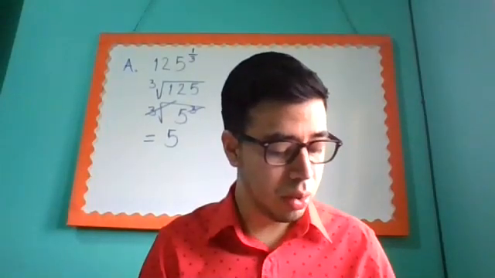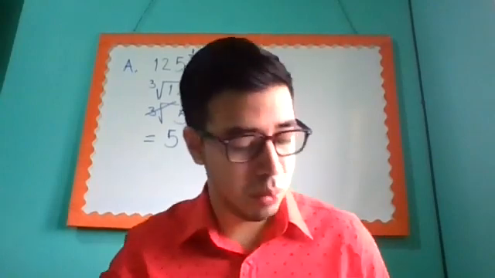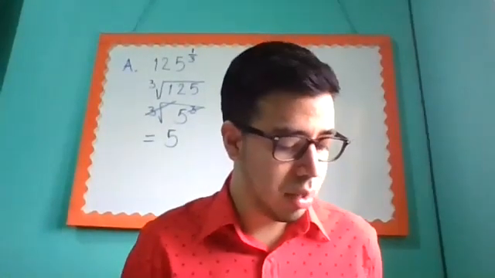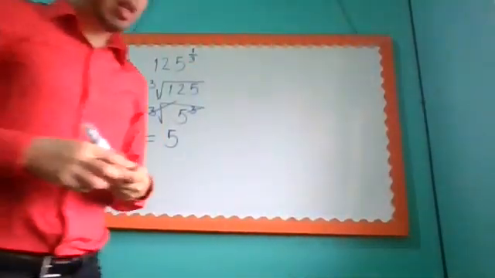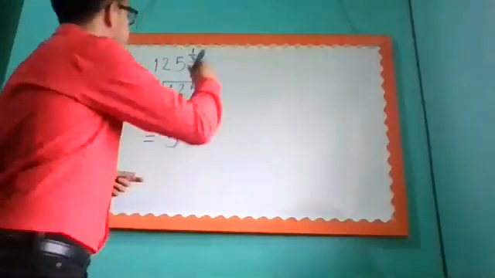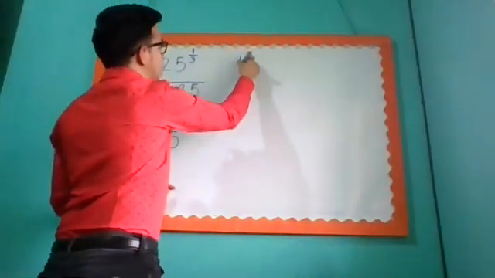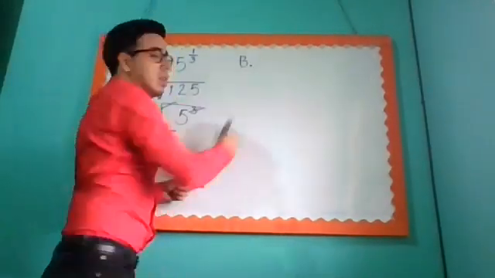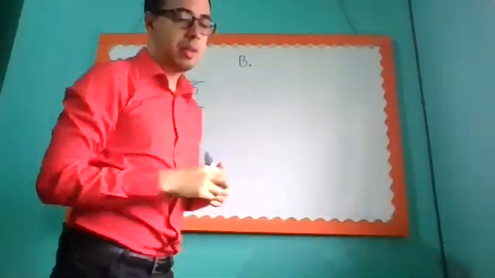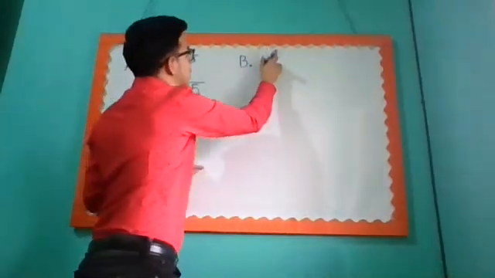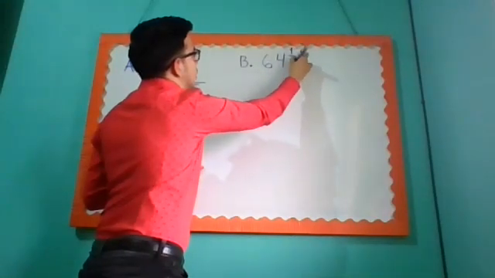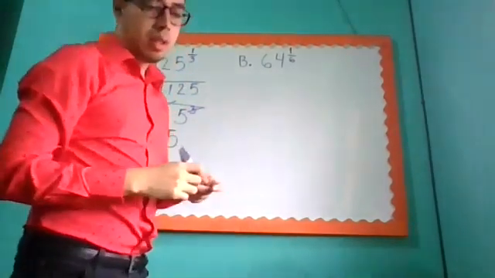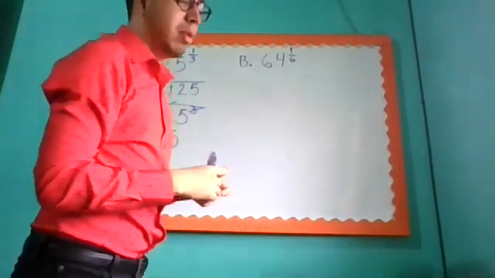So, for exercise B, it's 64 to the power of 1/6 plus 25 to the power of 1/2.